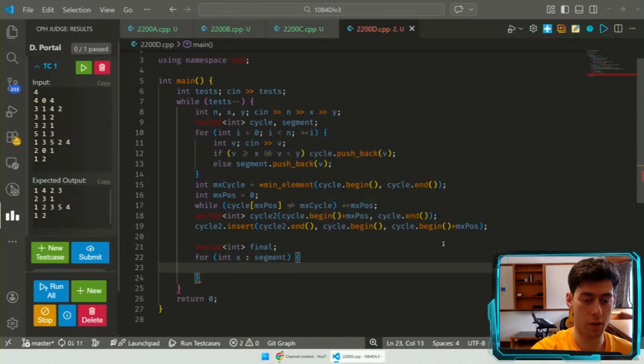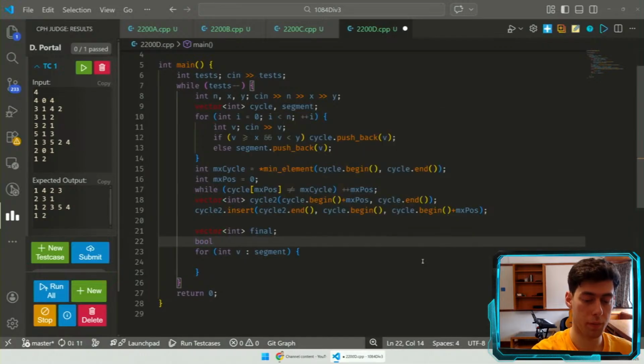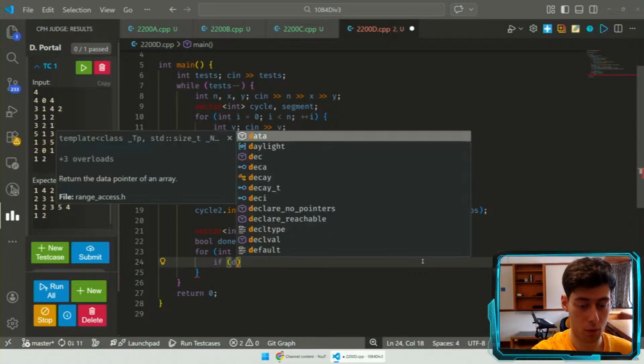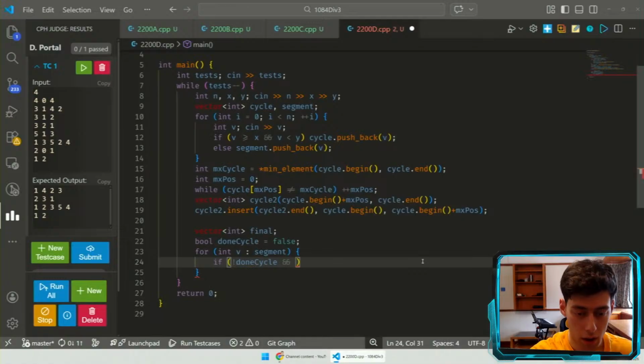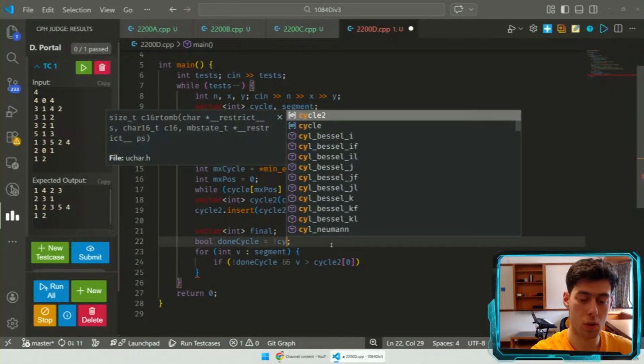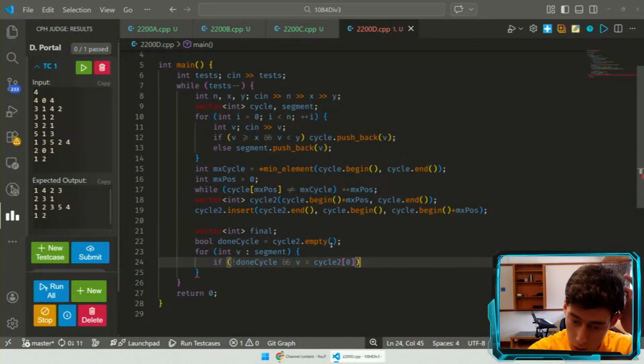I just go through every value in the segment, and if I haven't done the cycle yet, and b is greater than the first value in cycle 2, then I want to do the cycle next, right?